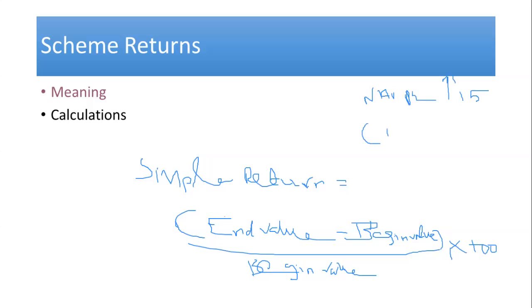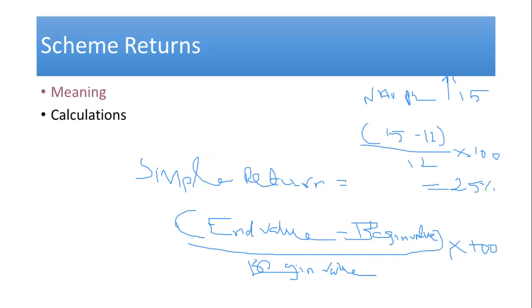The formula is simple: end value minus begin value, divided by begin value, multiplied by 100. So the result comes to 25%. So this is the calculation of simple return.